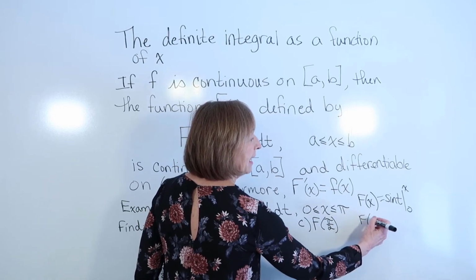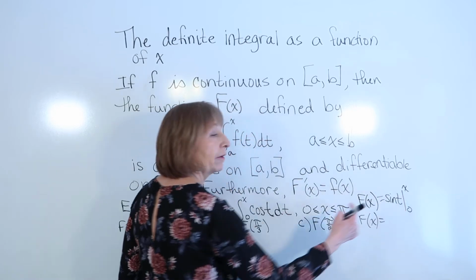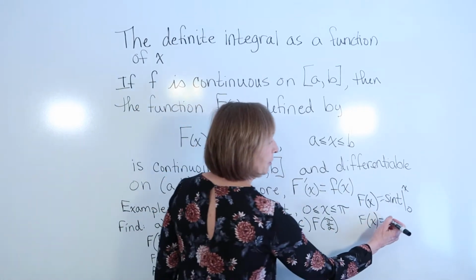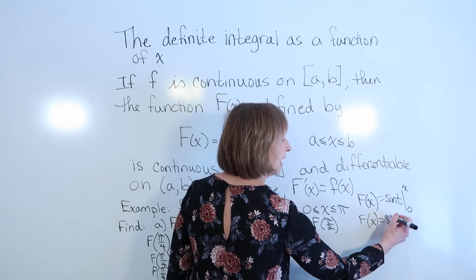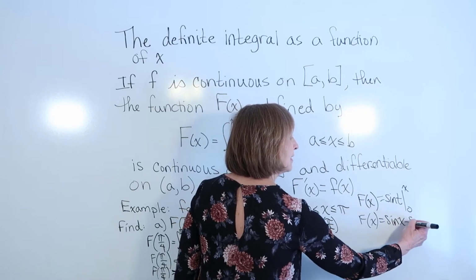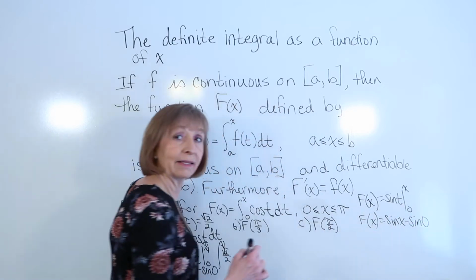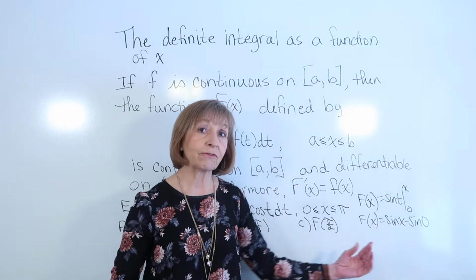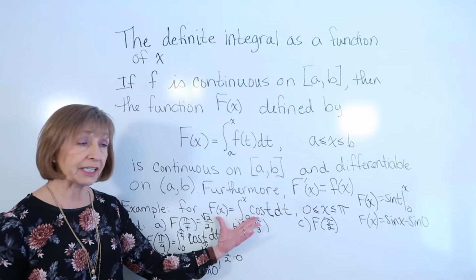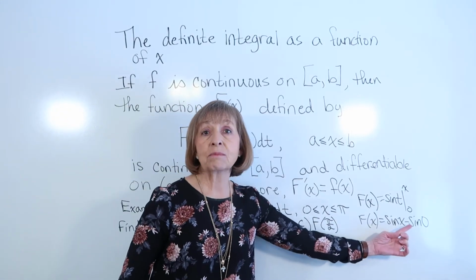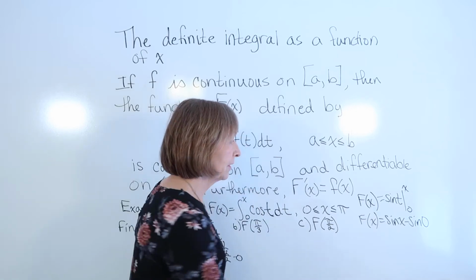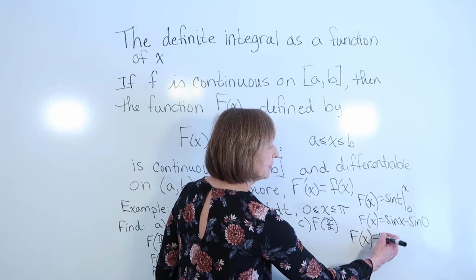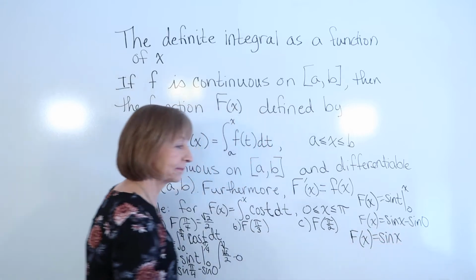So then we take out the variable and replace it with the upper limit of integration. So take out the t and put in the x. I have sine x minus the sine of 0, putting in the lower limit of integration. And my capital F of x for this particular function is sine x minus, well, the sine of 0 is 0. So I just get that this capital F of x function is just the sine of x.